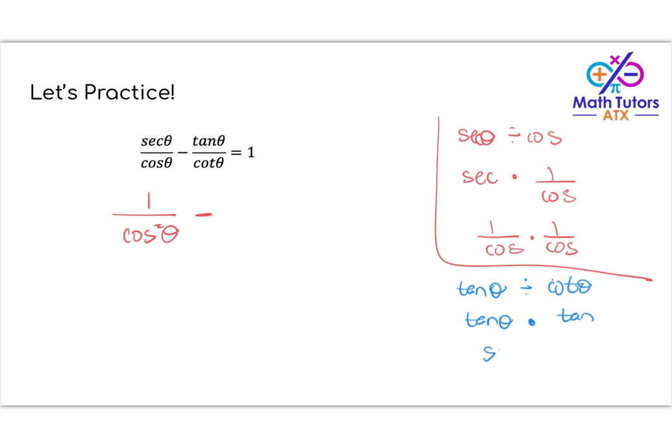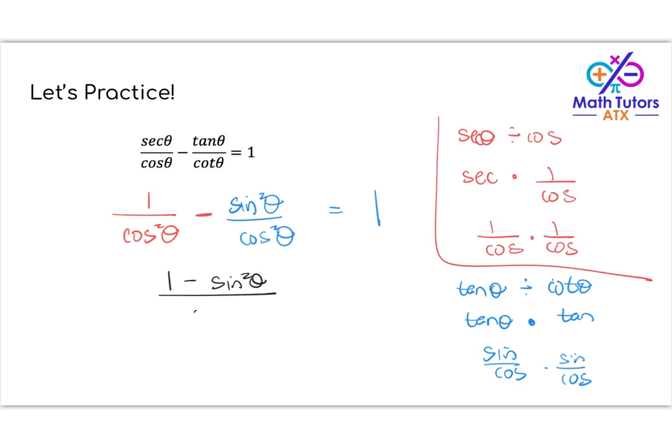And so tangent we know is sine over cosine, sine over cosine. I know I'm being lazy not putting my thetas, but I'll put them over here. So I have sine squared theta over cosine squared theta. And trying to get this to be 1. Oh, wait a minute. So this is all just one fraction now because it's the same denominator.